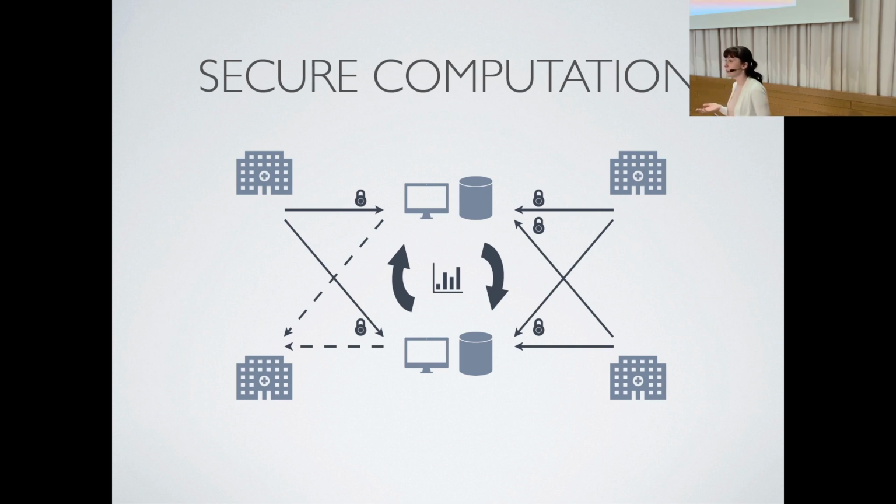What they would like to learn is the most effective treatment for that condition. And the result is going to be delivered to some designated parties. This example is going to be the node on the bottom left. This is just something to illustrate different components of the computation that we're going to be using today.